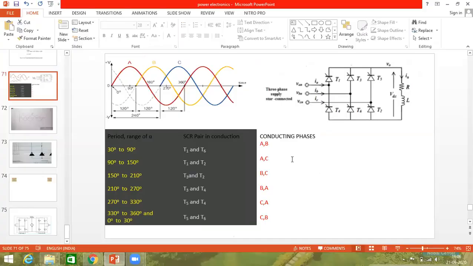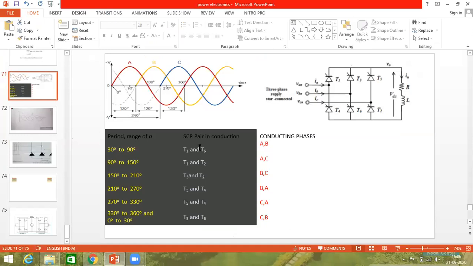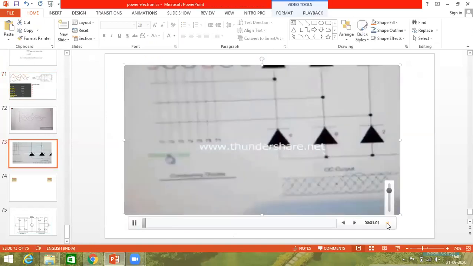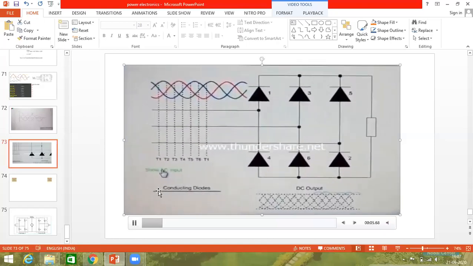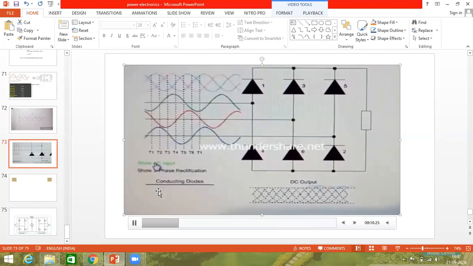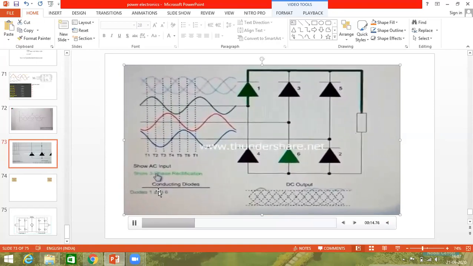So let us go back to the animation for your understanding. What is the table? The table you can see is T1 T6, T1 T2, T3 T2, T3 T4, T5 T4, T5 T6. Let us check the animation. What we have developed: first, three phases A, B, C. Case 1, T1, T6.